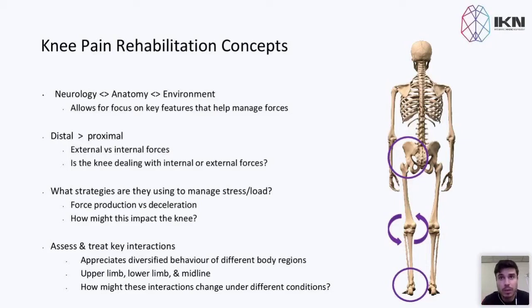So at IKN, we look at the interaction between the nervous system, the neurology, the anatomy, and the environment. One of the things that might stand out to you, that might be different from most neurological and anatomical frameworks, is that we consider the environment, because the environment is essentially the place that delivers force to our system.